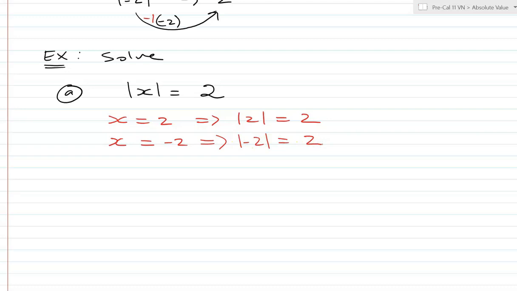So these are the two answers for this absolute value equation, and usually you do get two possible answers. Check the answers. Yes, you always check and make sure that it's correct. Okay, let's do another one.